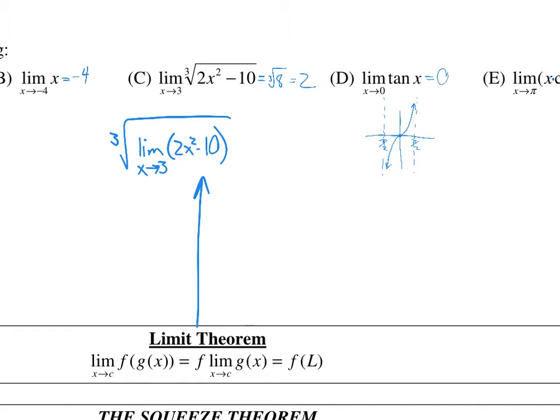What is the limit as x approaches 3 of 2x squared minus 10? 8. So then I can take the cube root of 8 and I'll get my 2 again. Okay? So that's one property for composite functions. You can just take the limit of the interior function and then evaluate that into the outer function. Okay?